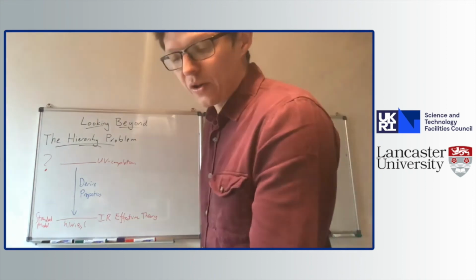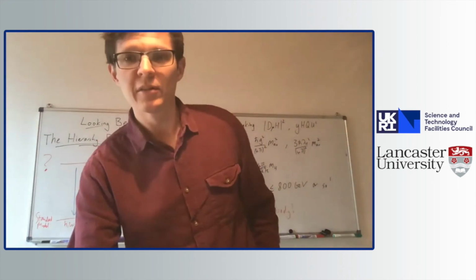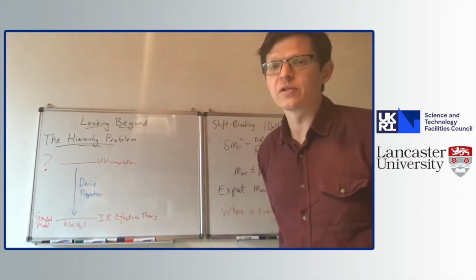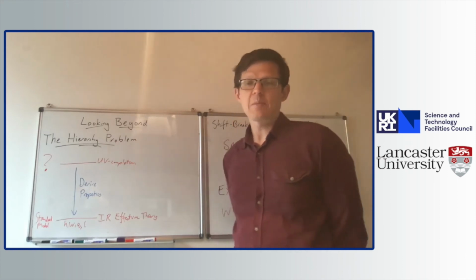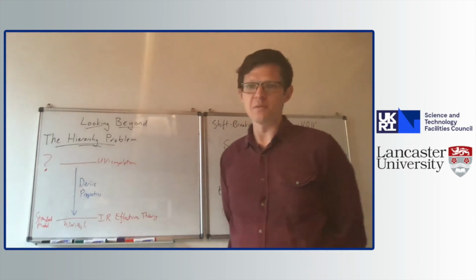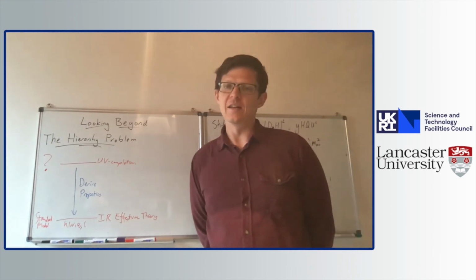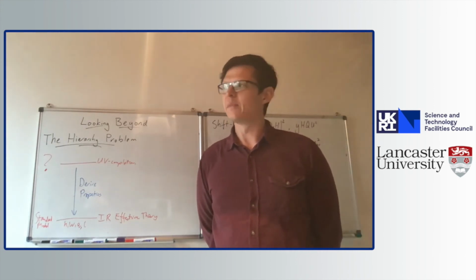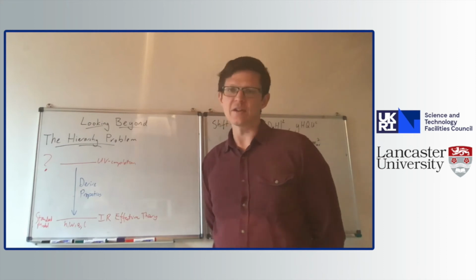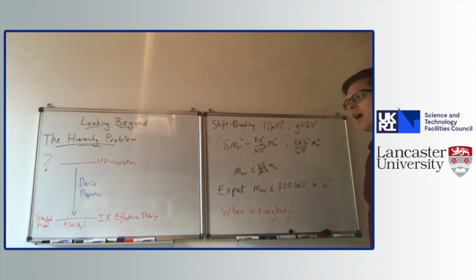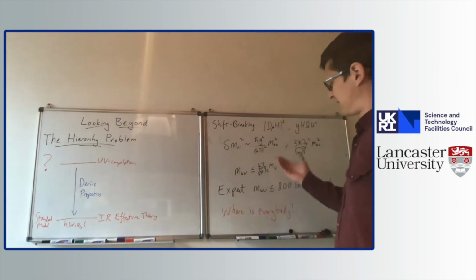Now, one could be like a climate denier or an anti-vaxxer and just say, well, I'm not going to tell you what's happening, but I don't believe there's a problem. But that's not science. That's really the opposite of science. That's just deciding that you don't want to discuss something because you're uncomfortable about it. Otherwise, we have to explain this puzzle.